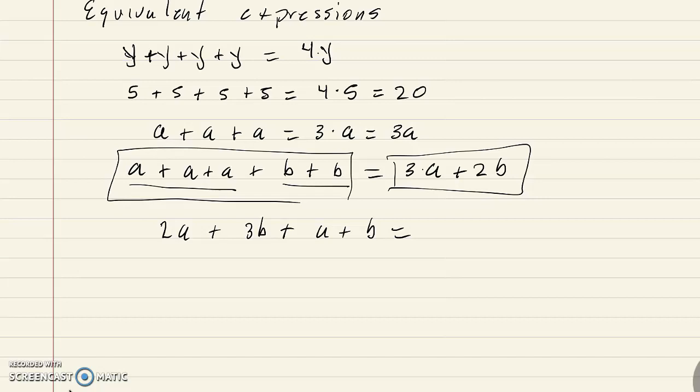So I can see here that the 2a can combine with the a, and the 3b can combine with the b, giving us something like 2a plus a and 3b plus b. In this case, giving us 3a plus 4b.